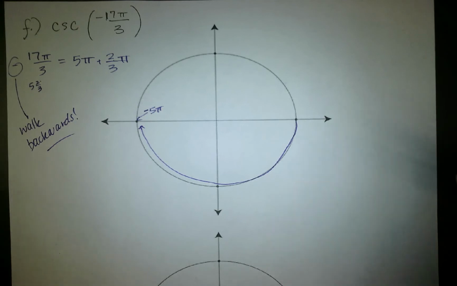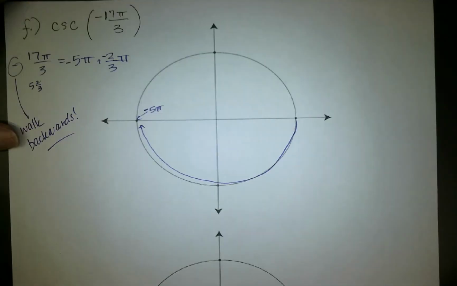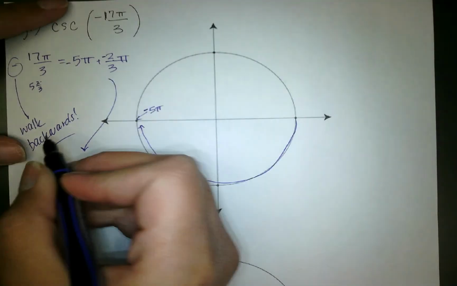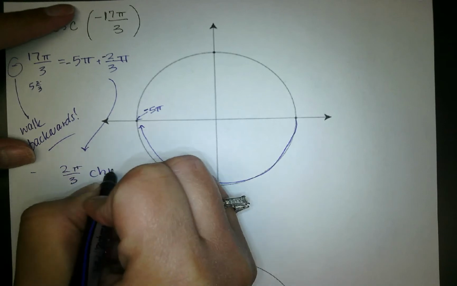Now we need to go, okay, so it's negative, and that guy's a negative. Negative 2 pi over 3 chunks. Okay, so that's why I've been talking in chunks. Now I need to go, negative means backwards, but 2 pi over 3 chunks.